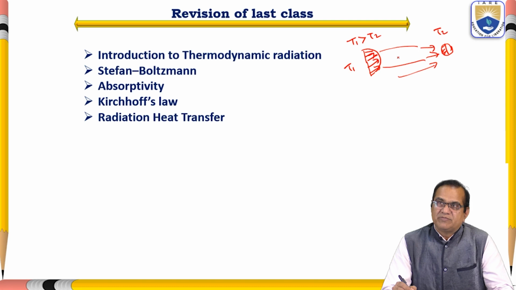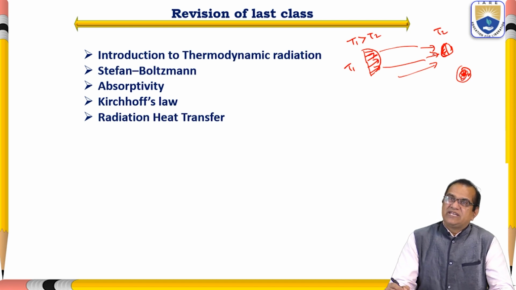It does not depend upon the media. It is directly hitting the surface, and the surface will be heated first. This radiation will only hit the surface, and as this temperature is high, the heat will go here but not come back here. The net effect will be this temperature minus this temperature, and slowly this body will be heated. So this is the radiation.